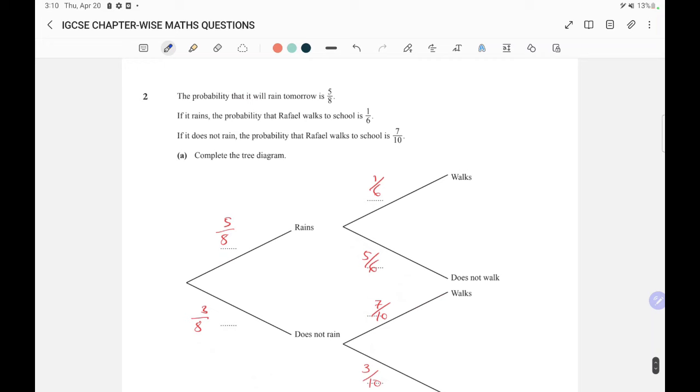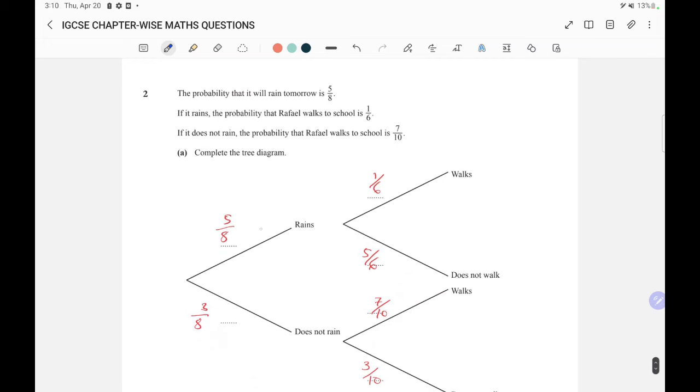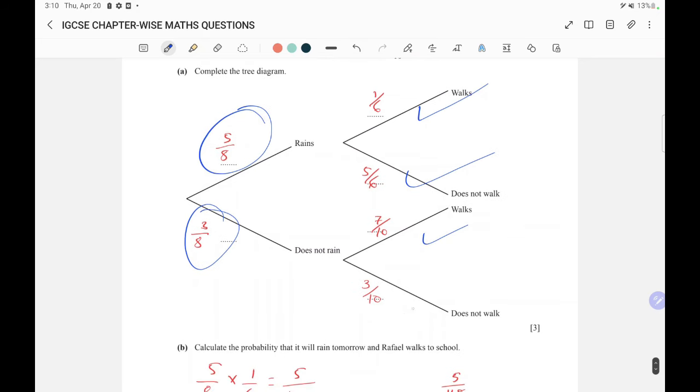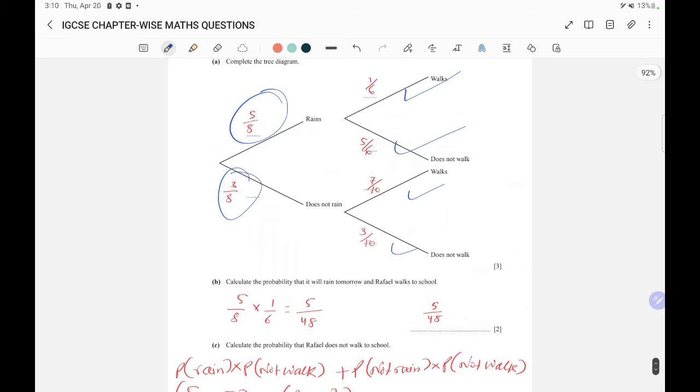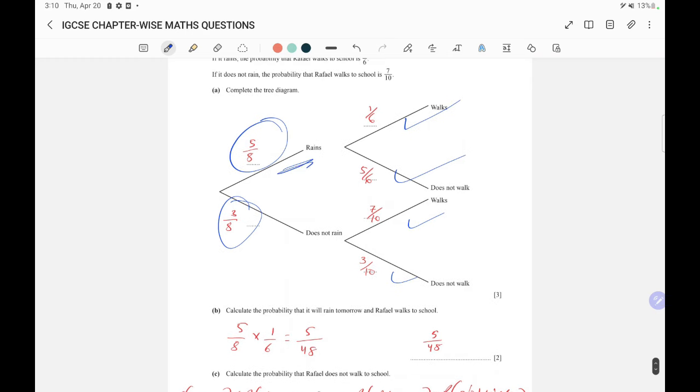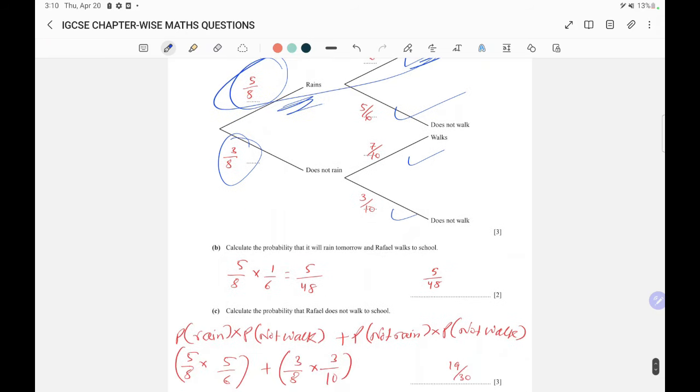So 4/7. So rain's probability 5/8, then not rain 1 minus 5/8, 3/8, then walk 1/6. It's given not walk 5/6, walk 7/10 when it does not rain. Then does not walk is 3/10. Calculate the probability that it will rain tomorrow. Okay, here. And Raphael walks to school. So 5/8, 1/6.